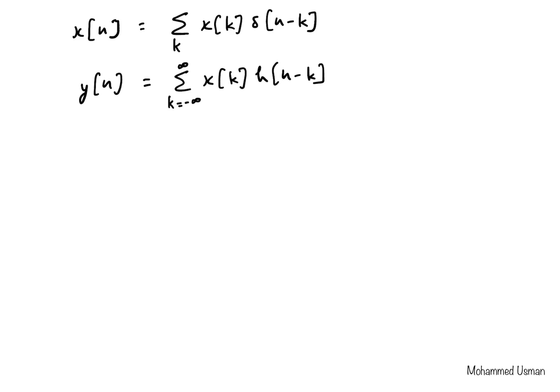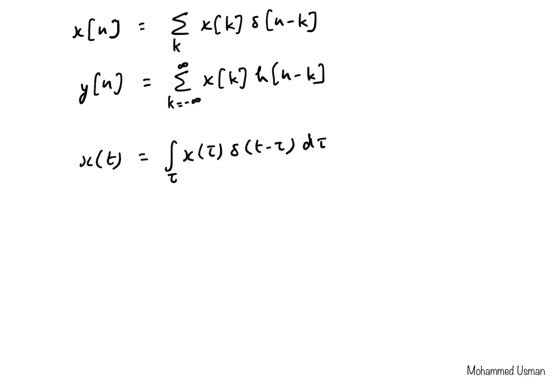Similarly, in the continuous time case, the continuous time signal x of t can be represented as a summation or a superposition of shifted and scaled impulse functions, that is x of tau times delta of t minus tau, for all possible values of tau, right? So that's the representation of any arbitrary signal x of t in terms of the delta function.